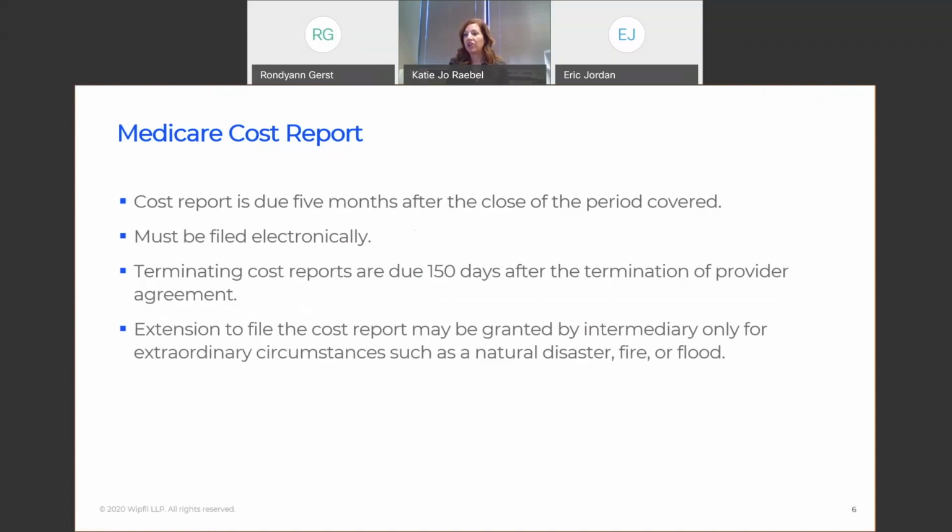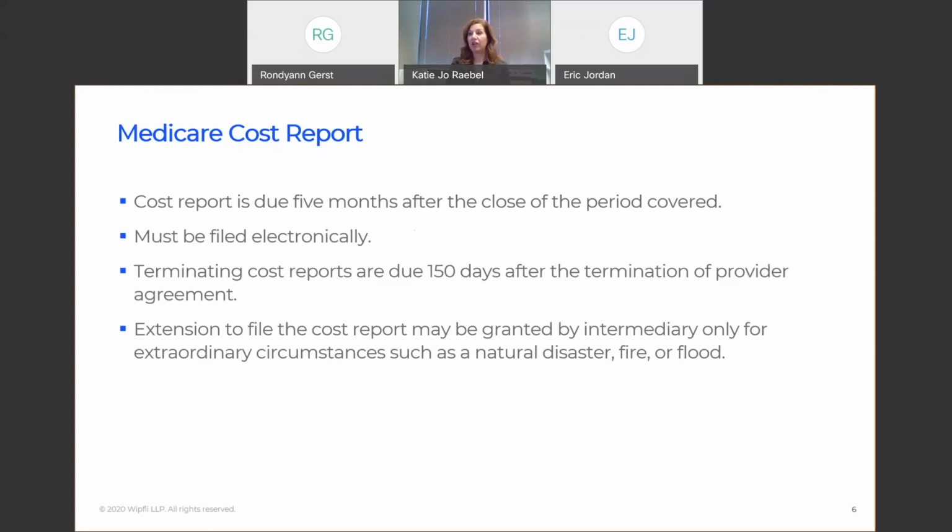Again, they're due 150 days after the year end, or after a change of ownership. Let's say we have a freestanding RHC that goes to a provider-based, we would close out that provider number, and a cost report would be due 5 months after that change. And again, extension to file typically never happens, but we have that in place during the public health emergency.